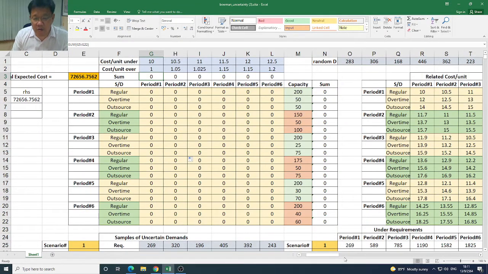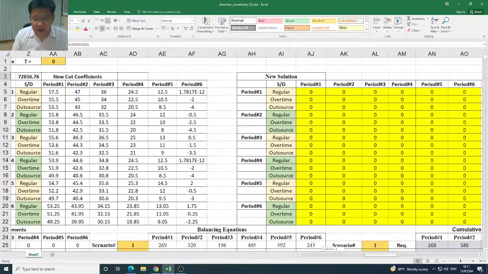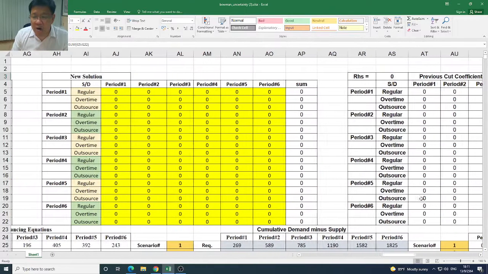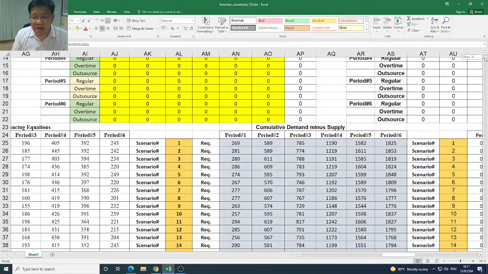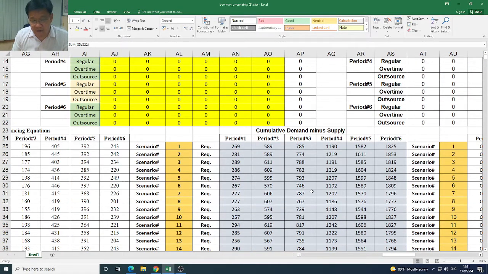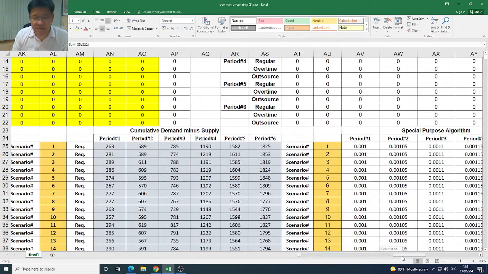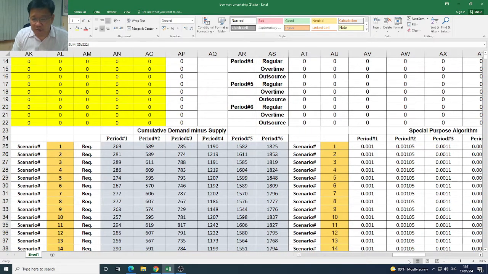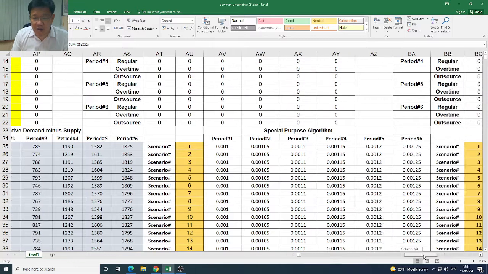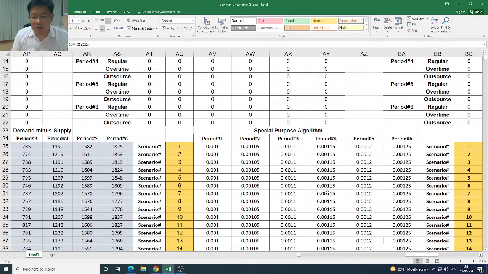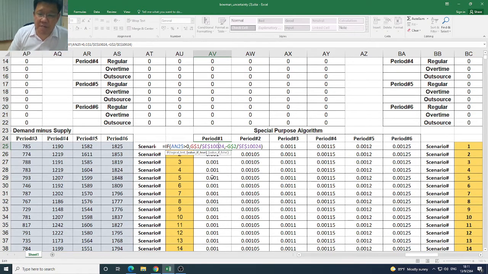So all the cumulative values here will be positive initially, and then we use this to allocate what we call the dual variable here. This is the optimum dual variable using the special purpose algorithm by checking the coefficient of the cumulative of demand minus supply.